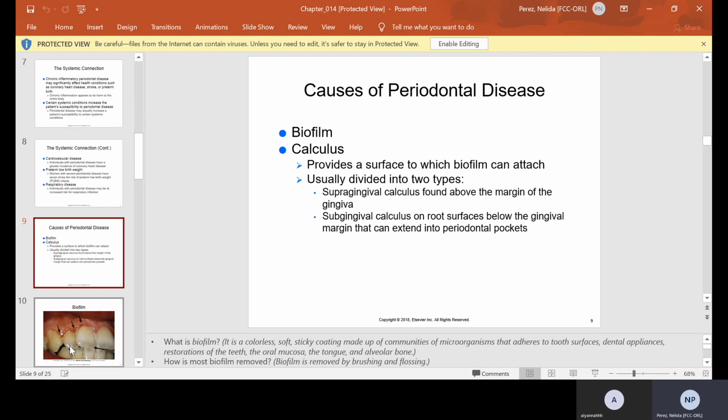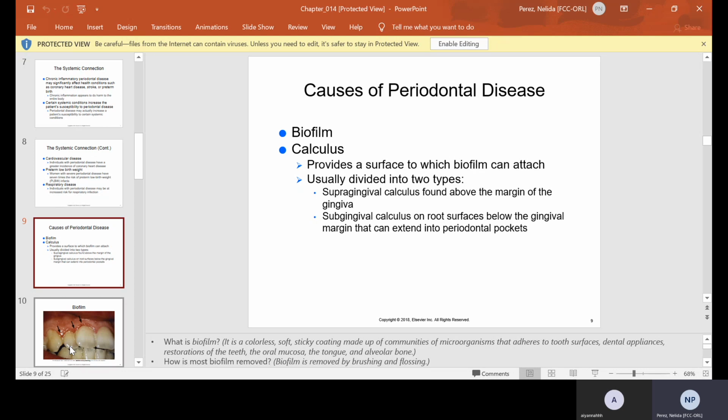Biofilm. We spoke about this a day or 2 ago, I believe in the chapter 13 lecture, so go back to that, please. But if you don't remember, it is a colorless, soft, sticky coating made up of communities of microorganisms that adhere to tooth surfaces, dental appliances, restorations of the teeth, the oral mucosa, the tongue, and alveolar bone.